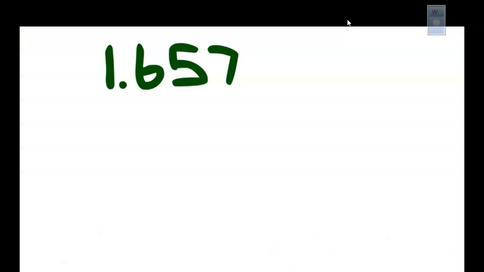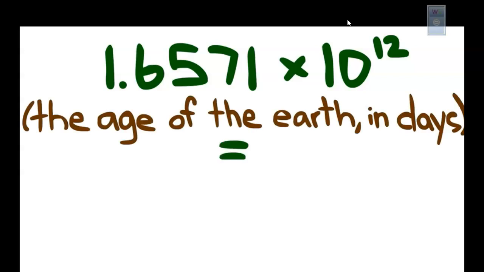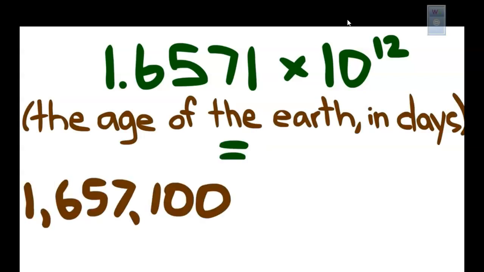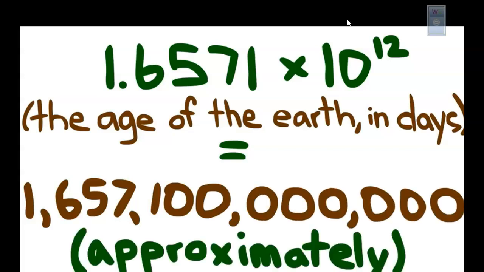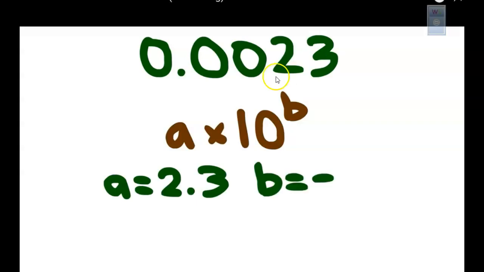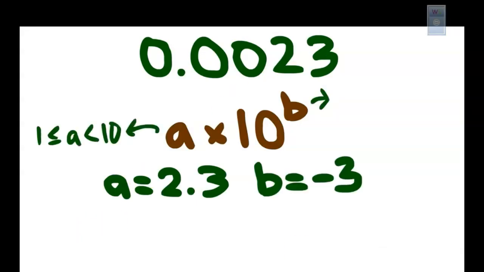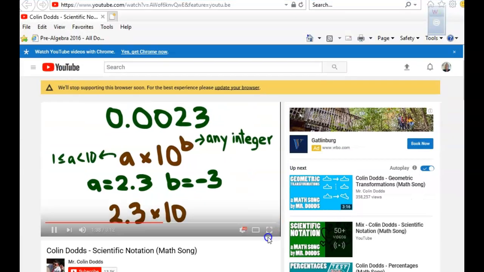Scientific notation uses exponents, but with the base of 10, so you don't have to write out so many zeros again, and again, and again. Take a number like 0.0023, plug it into a times 10 raised to the power of b, where a equals 2.3 and b is -3.